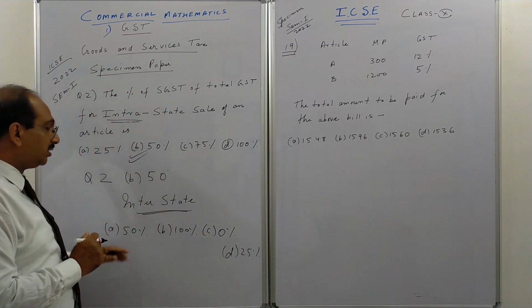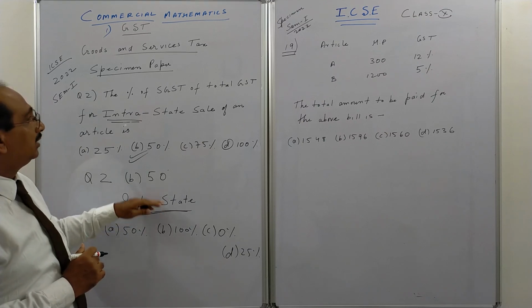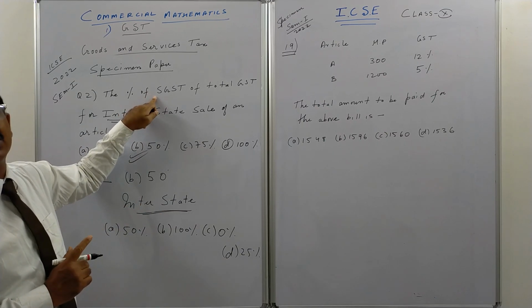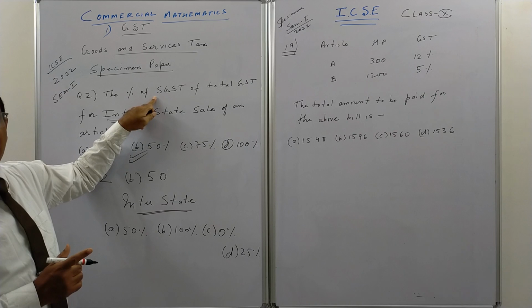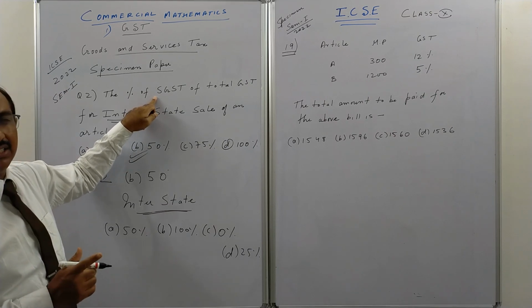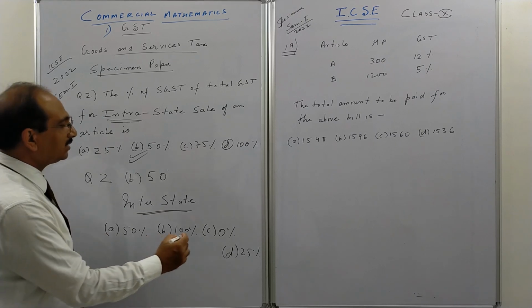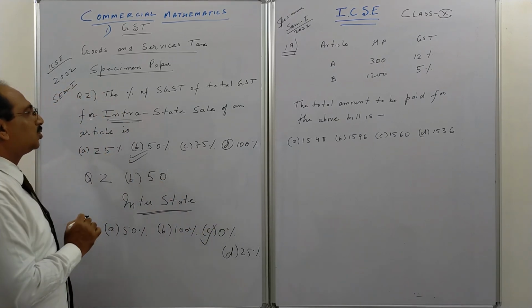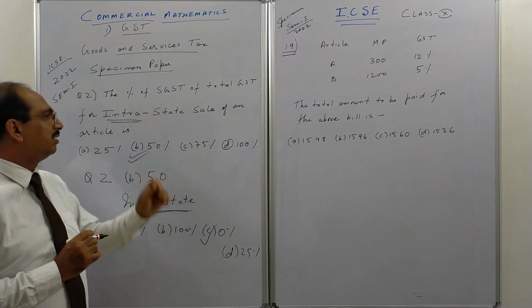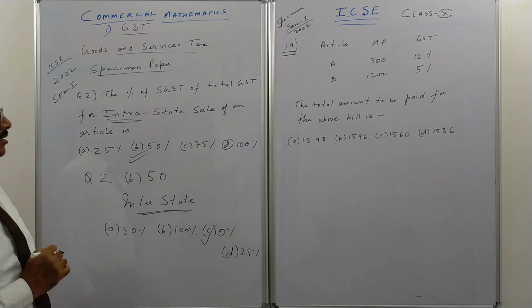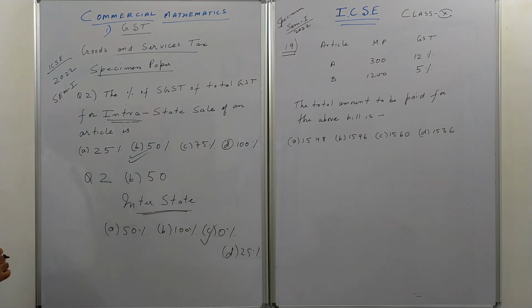So remember, if it is interstate, then the state government gets nothing. It's called Integrated Goods and Services Tax, IGST. All the money goes to the central government. So in that situation the answer is 0. So remember, this word is very important: intra, and this is inter.